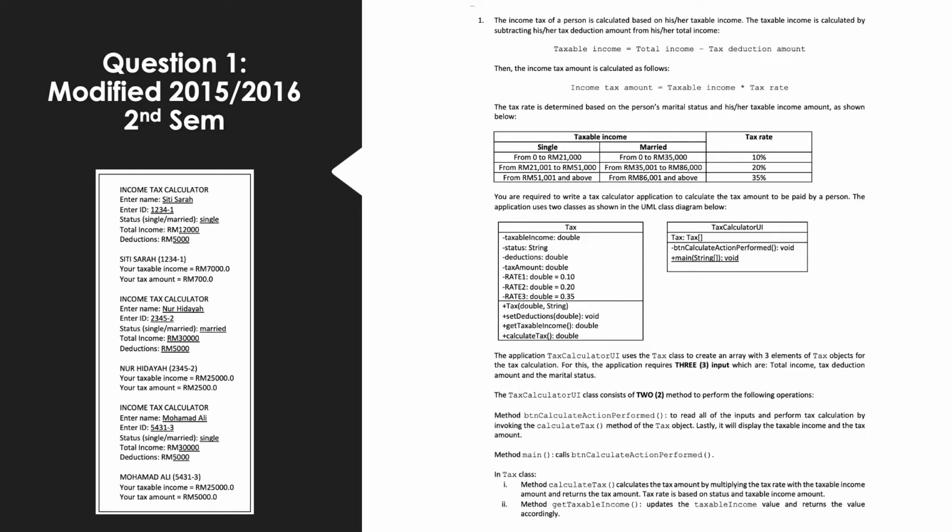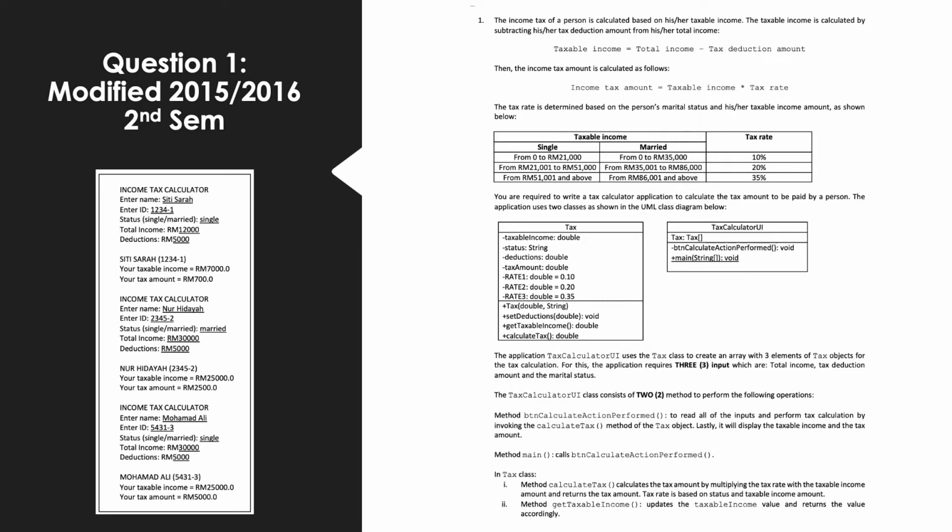In TaxCalculatorUserInterface, it uses the Tax class to create an array with 3 elements of Tax objects for the tax calculation. The application requires 3 inputs, which are total income, tax deduction amount, and also the marital status. The TaxCalculatorUserInterface class consists of 2 methods.